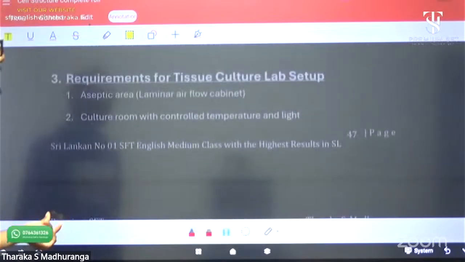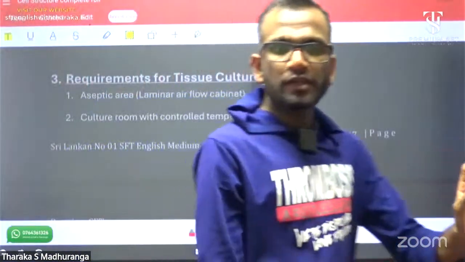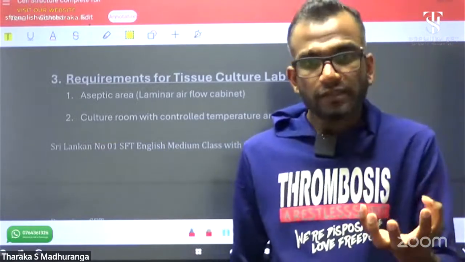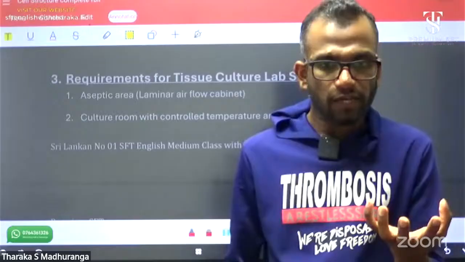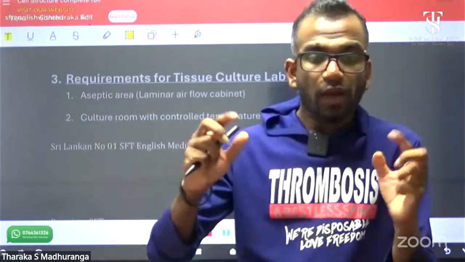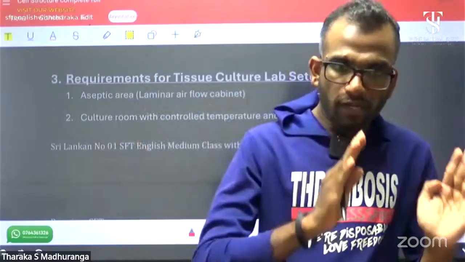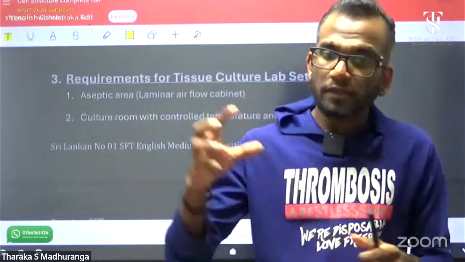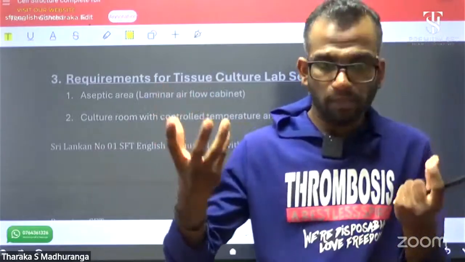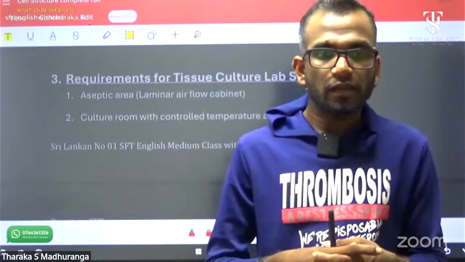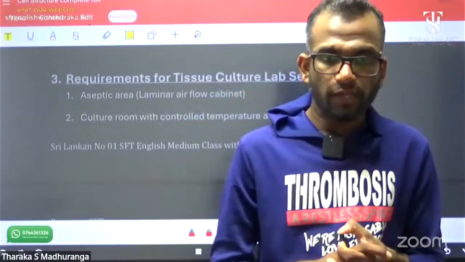Okay, now the explant is ready and the growing media is ready. The media is sterilized, the explant is sterilized, but the instruments, gloves, everything needs to be sterilized before usage.